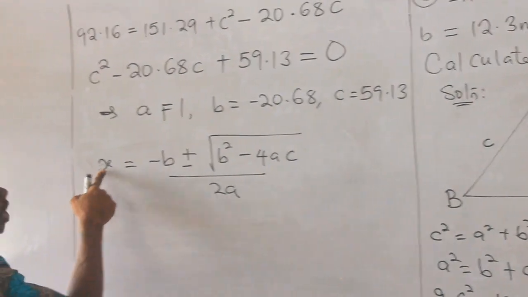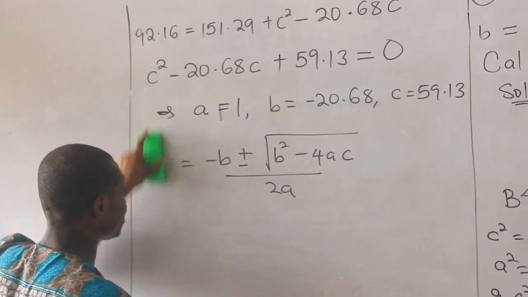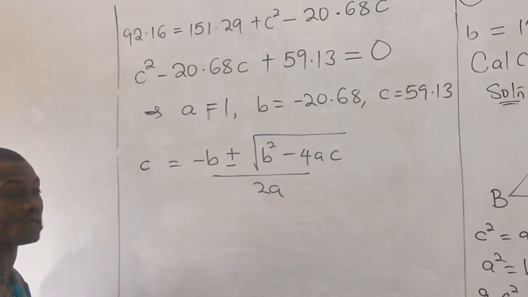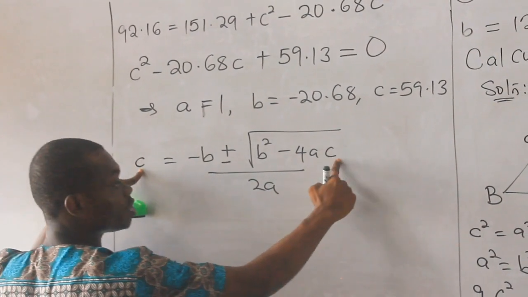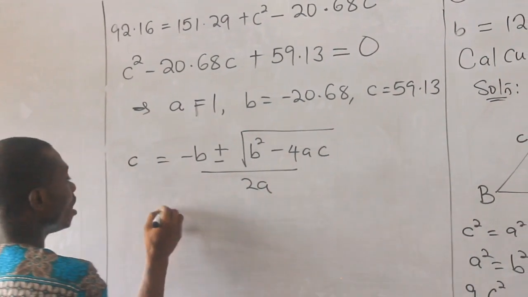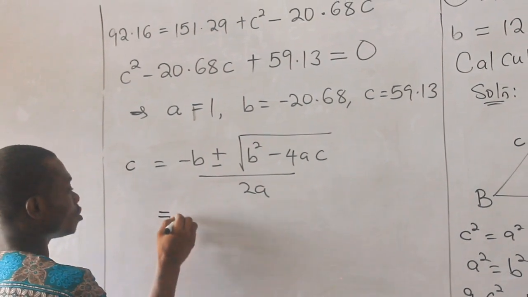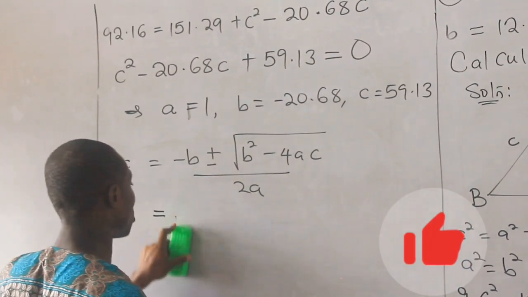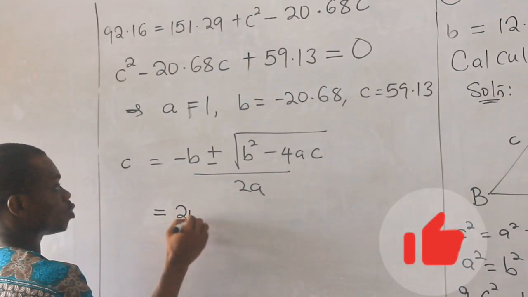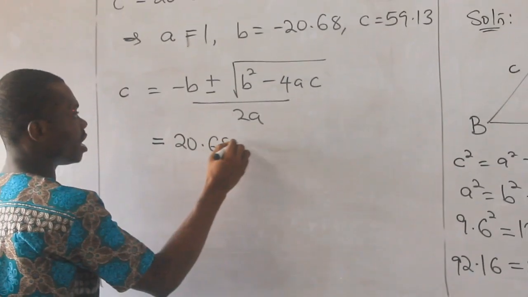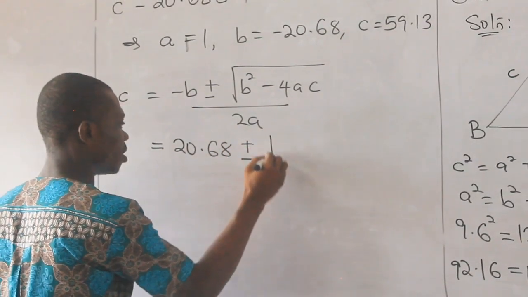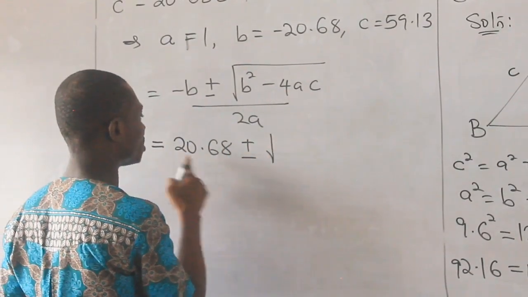Now, what can we do here? Remember that in this case, this X stands for our C, which we are looking for. Please also note that it is not the same as this C. So this is going to be equal to minus of this, which will become positive, so that will be 20.68, then plus or minus the square root of the same.